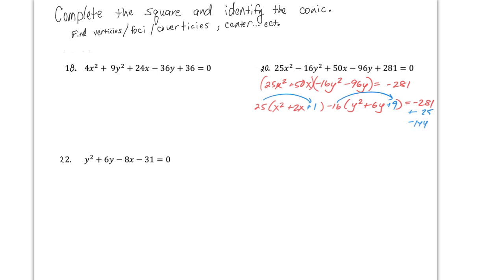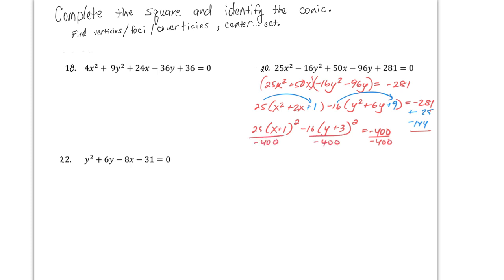Okay? So now over on this side, I'm going to have 25 times x plus 1 squared minus 16 times y plus 3 squared. And it's going to equal, let me figure out what the math is here. Okay, so when I did the math, it was negative 400. So now I know when I'm at this stage, I have to divide everything by negative 400 because remember, we have to end up with equals 1, right?